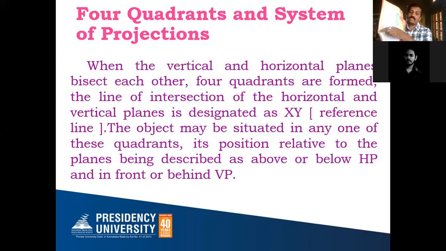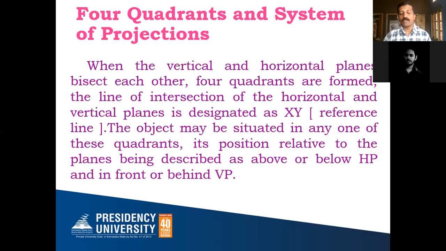The line of intersection between your HP and VP, so this is HP, this is VP, is called the reference line, which is denoted by the XY line. XY line is nothing but the reference line. It is the intersection line of your HP as well as VP, and the position of your quadrant with respect to your HP and VP tells you which quadrant the object is situated in.